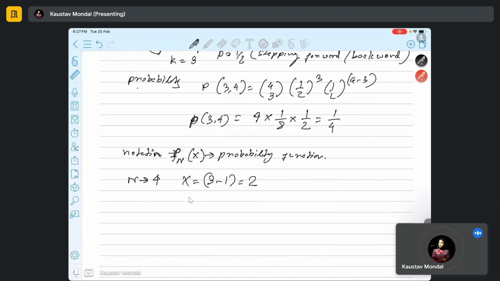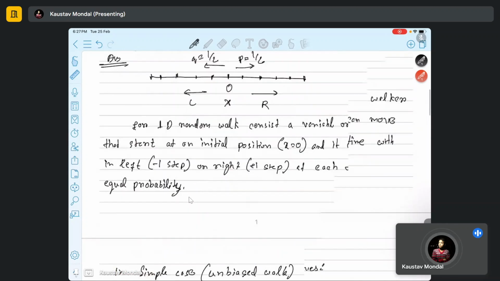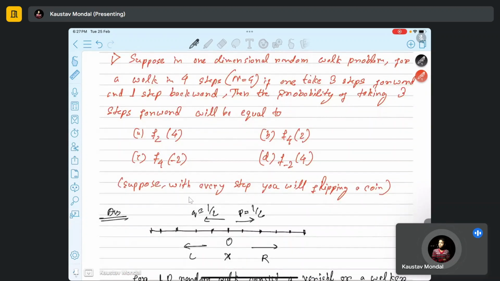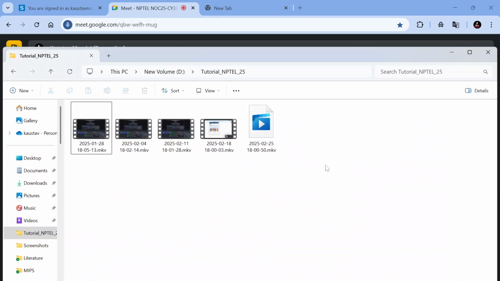So the notation will be simply f(4, 2), and the probability will be 1 by 4. This is basically the answer, f(4, 2). I hope all of you understood how we are solving this problem.